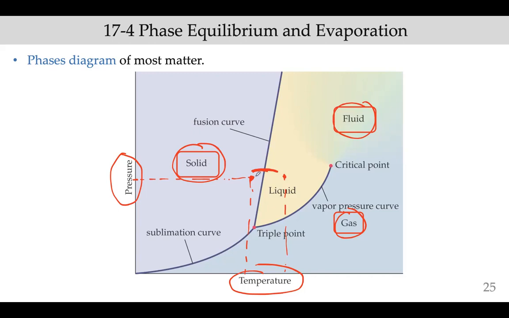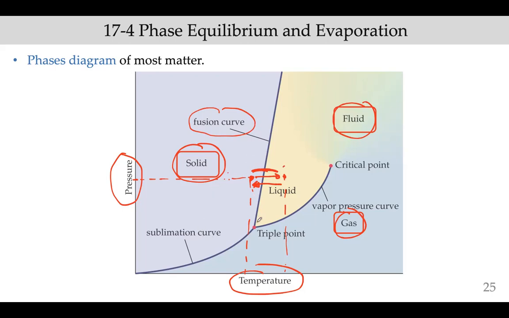The solid basically melts. So this is melting in this direction. And if you decrease the temperature of a liquid, then it solidifies, so it becomes a solid. This curve is called the fusion curve. It separates the solid phase and the liquid phase.